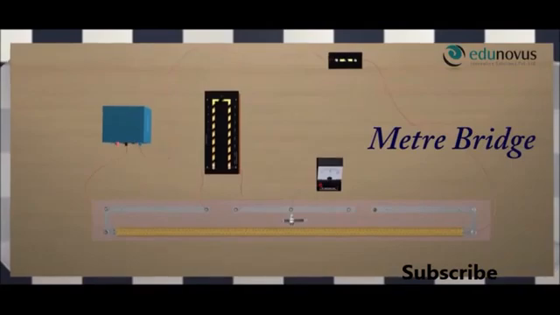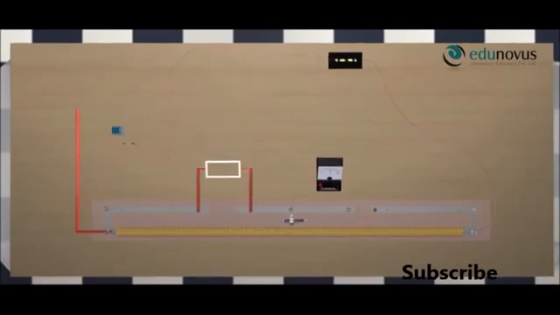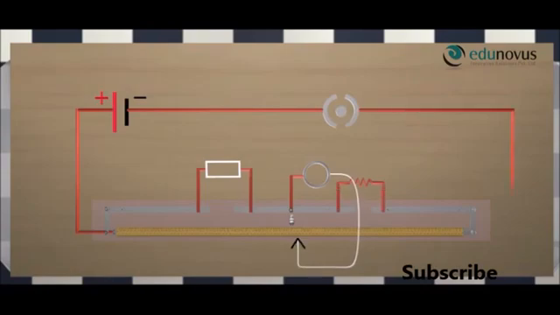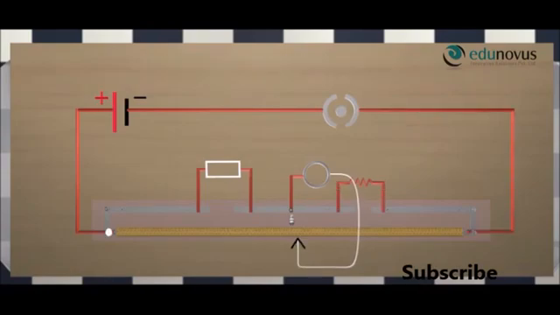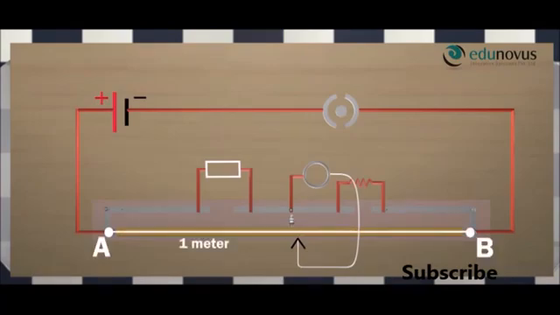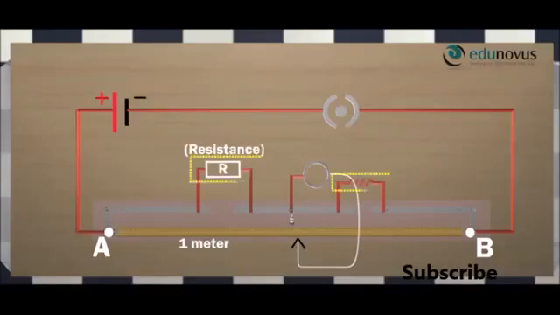This is a meter bridge, and this is the circuit diagram of a meter bridge. Here we can see that AB is the wire of length 1 meter, and there are two gaps in the metallic strip, left gap and the right gap. We have placed a known resistance R in the left gap and an unknown resistance X in the right gap.